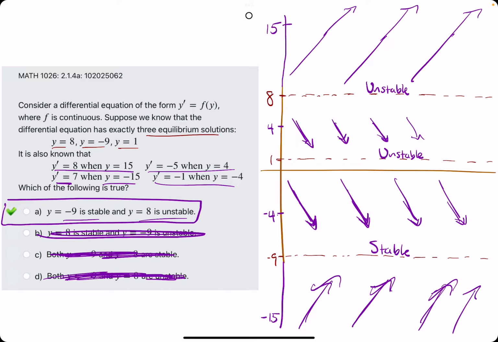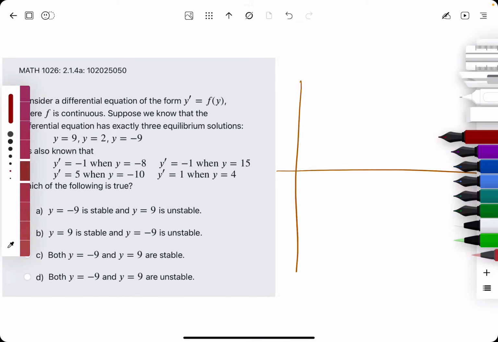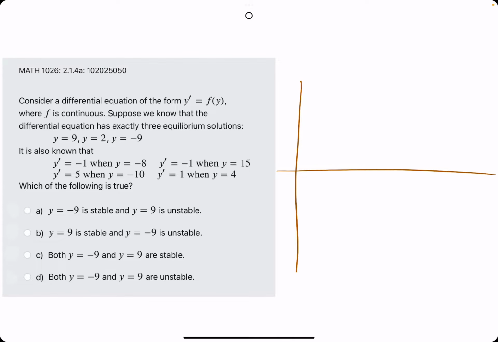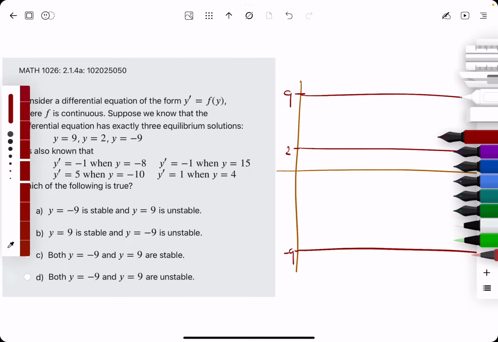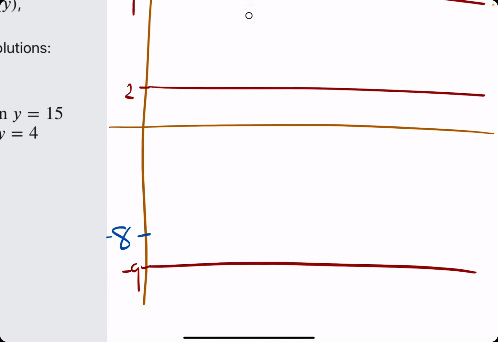Let's go ahead and do 2 more examples for these. And we'll do it as fast as we can now that we know what we're doing. So equilibrium solutions at 9, 2, -9. So I'm just going to draw straight lines for these, speed up the process. At -8, that's just above -9, we have negative slopes. So negative, negative, negative.